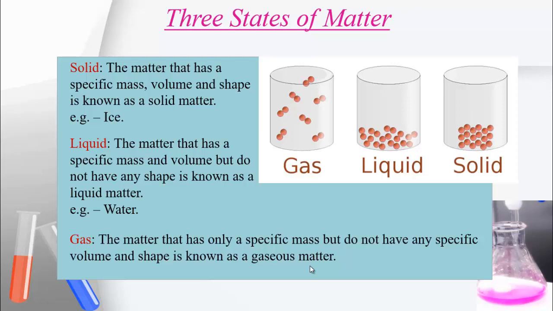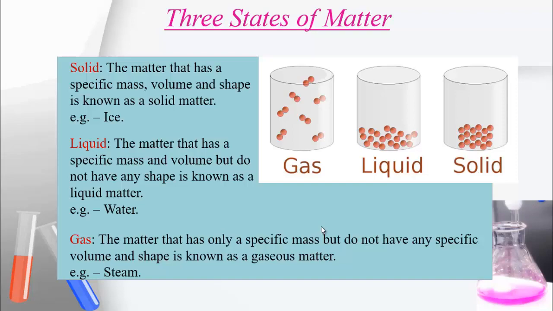So if we keep a specific amount of gas in a small container, then it occupies the whole space of that container and its volume will be small. But if we keep the same amount of gas in a big container, then also it will occupy the whole space, and its volume will be more. So for this we can say gaseous substance has no fixed volume. For example, steam or any gaseous substance.